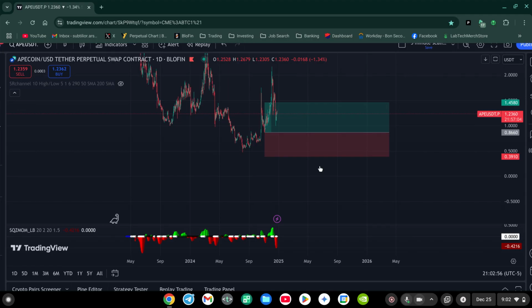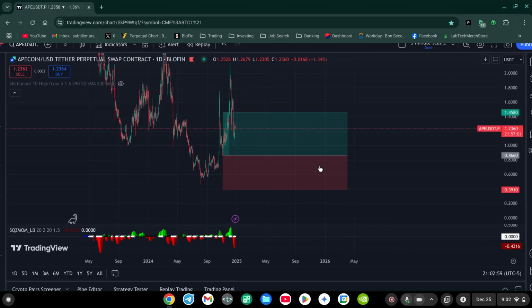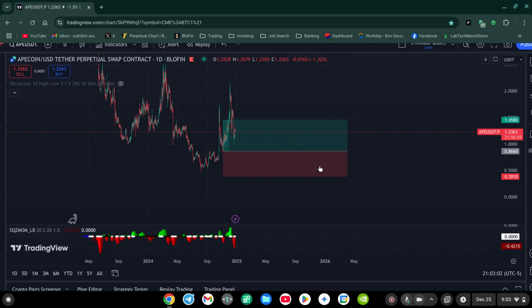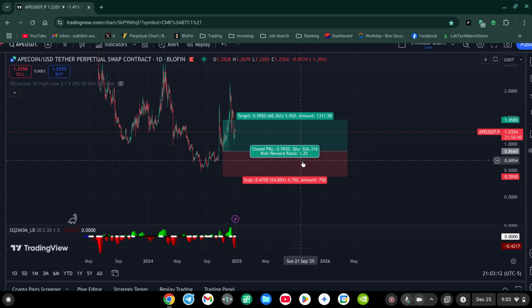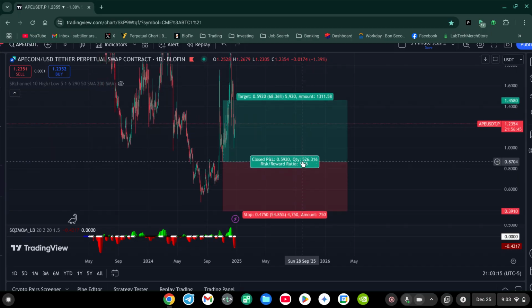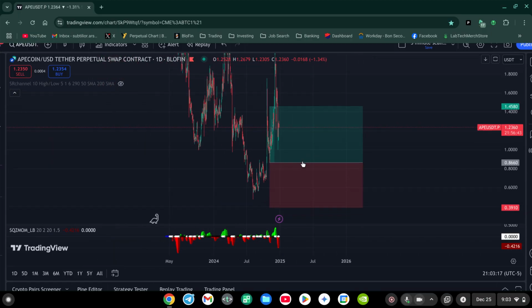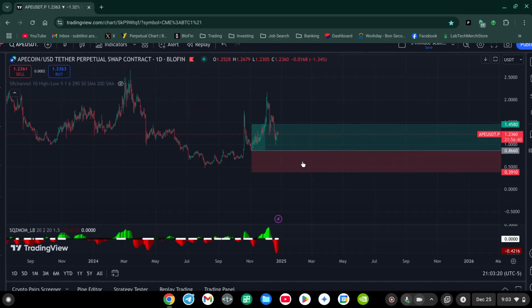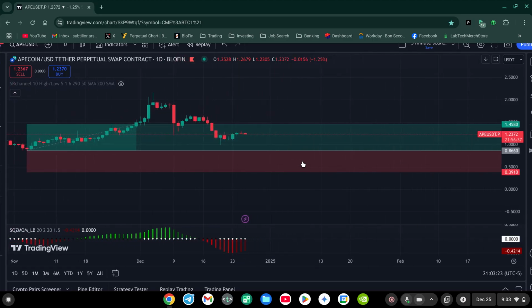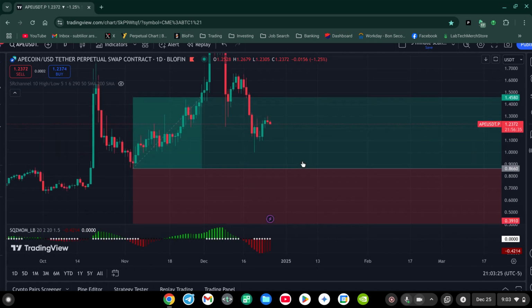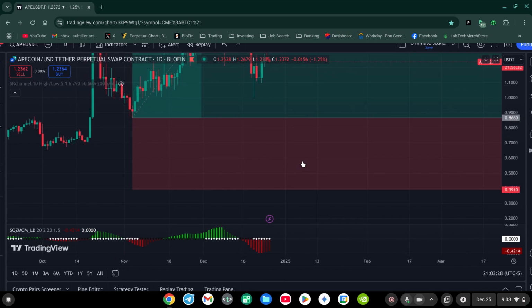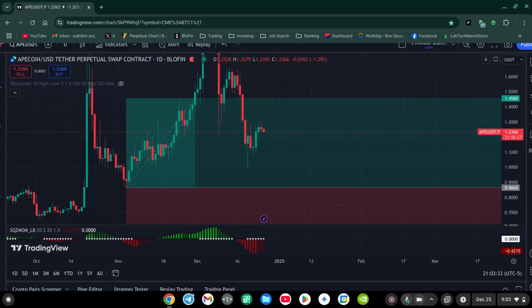Realistically, if the bot continues to trade, the more margin it builds up, the further this red liquidation level goes down until it gets down to zero, and then in theory the bot should not be able to be liquidated. I'm not terribly concerned about it because it has gotten to be pretty well hedged against liquidation. 39 cents for an ApeCoin is pretty low at this point. It's at $1.23 right now.